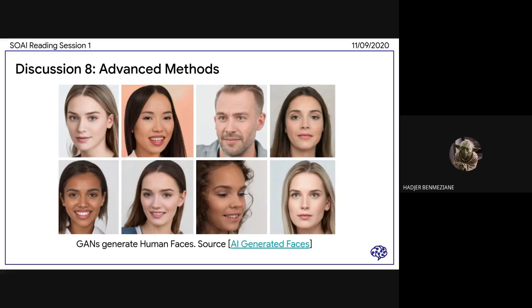We have a generator and we have a discriminator. So the goal of this generator is to generate, for example, human faces, and the goal of the discriminator is to detect whether the image is a real human face or a generated human face. So in GANs, to sum up, we have two neural networks.